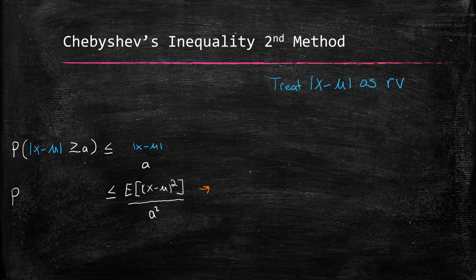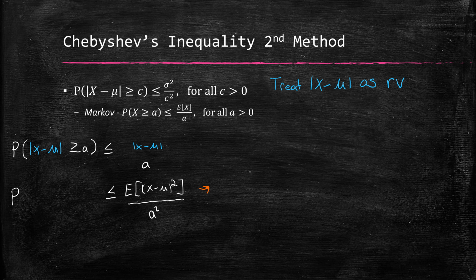All right, now we're on to the second method for Chebyshev's inequality. Just as a reminder, here are our formulas: the first being Chebyshev's inequality, where we're looking at variance, and then Markov's. I like this method too because last time we ended with Markov's, but this time we're going to begin with it. In the definition for Markov's inequality, we have some random variable x. But x minus mu is also a random variable, so we can treat it as such.